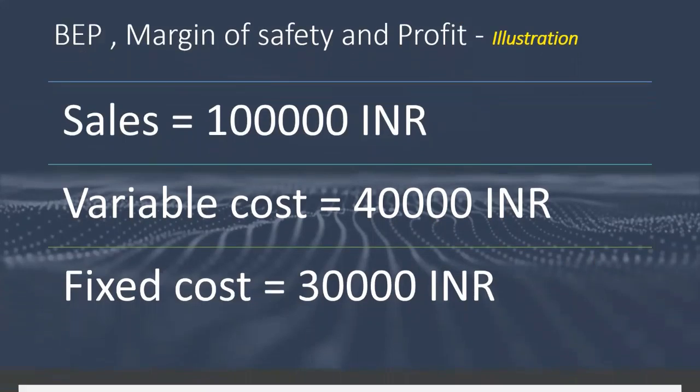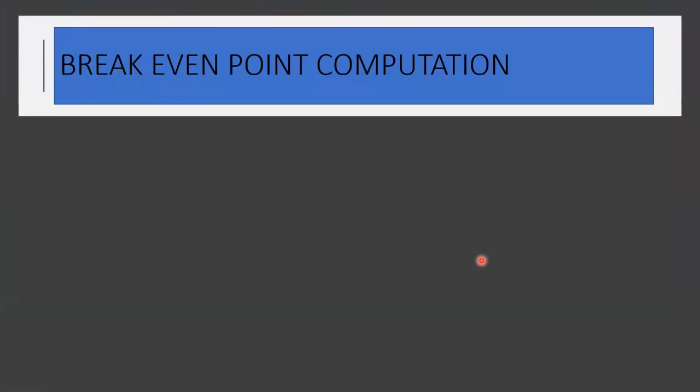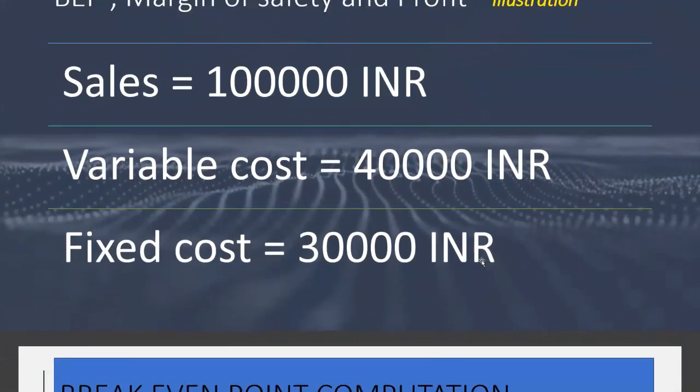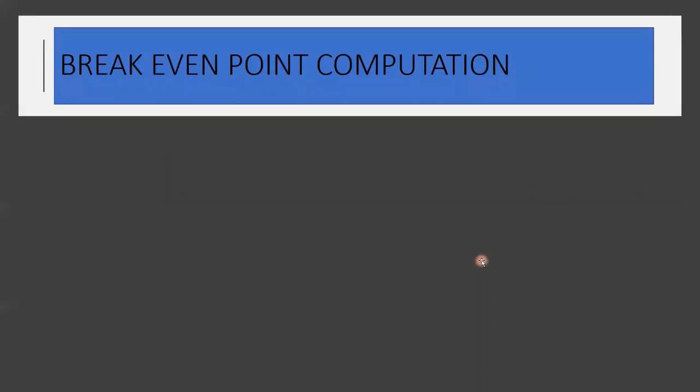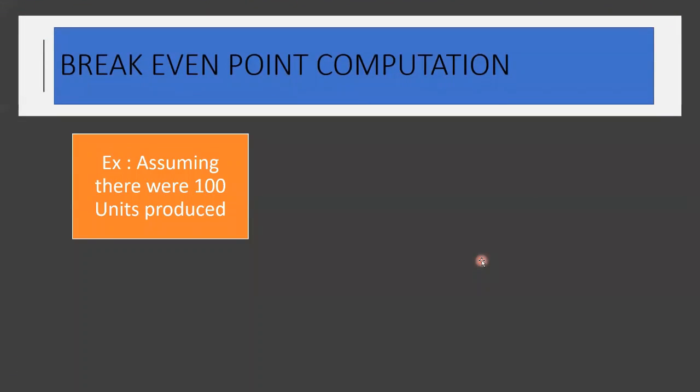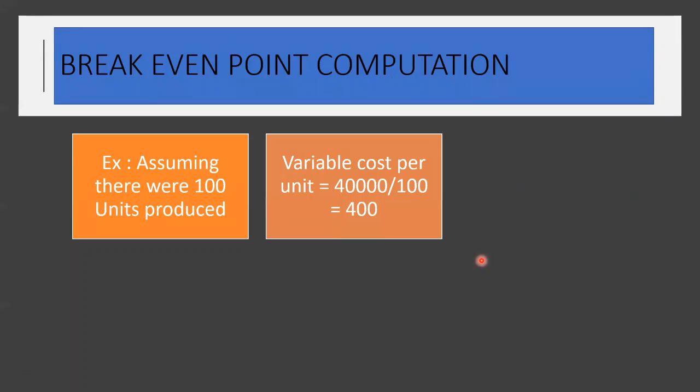Let's test if this is true, right? In the same question, there were 100 units produced. This is the additional information that we now have with us. So the variable cost per unit is 40,000 divided by 100, that is 400.